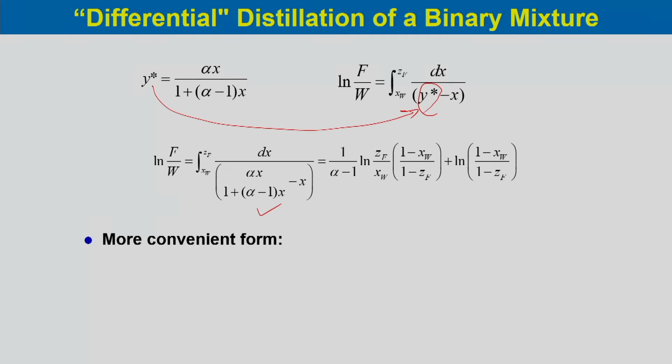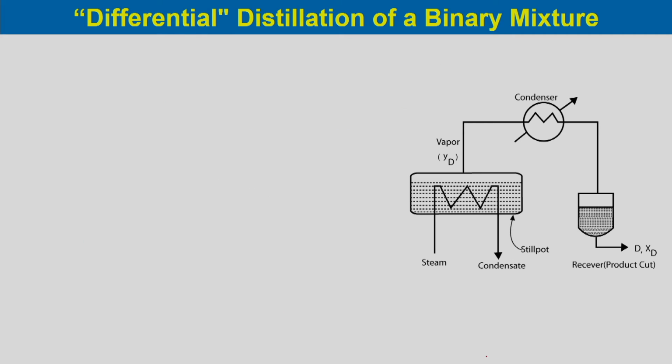The more convenient form from this, we can write as ln F ZF divided by W XW would be equal to alpha ln F by W into (1 minus ZF) divided by (1 minus XW).